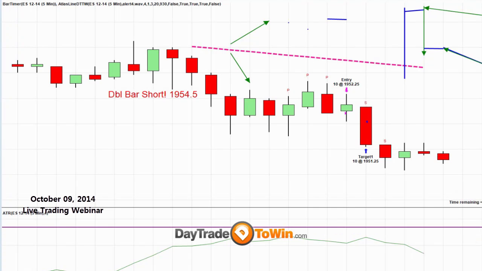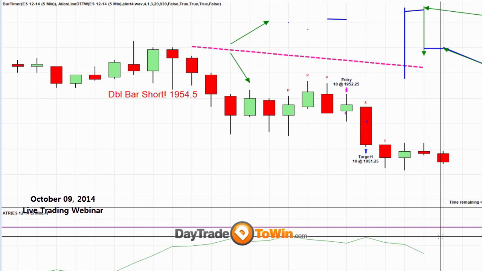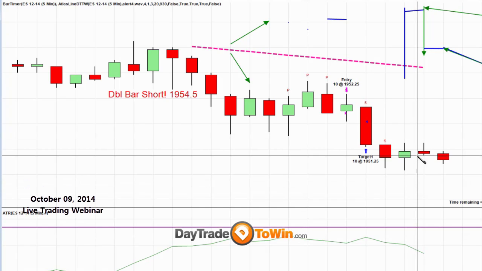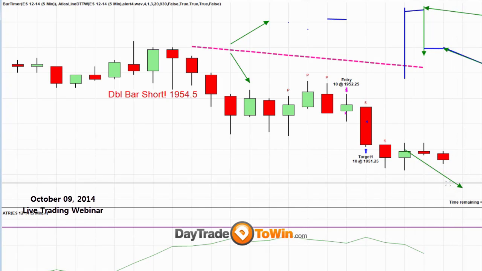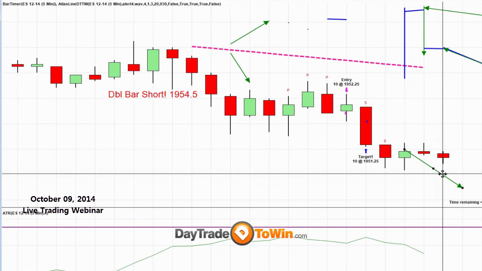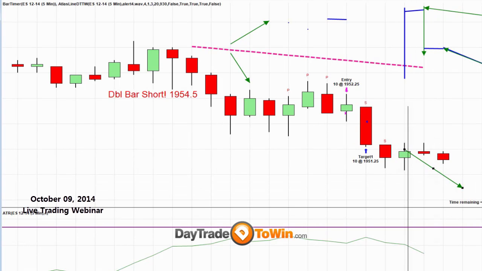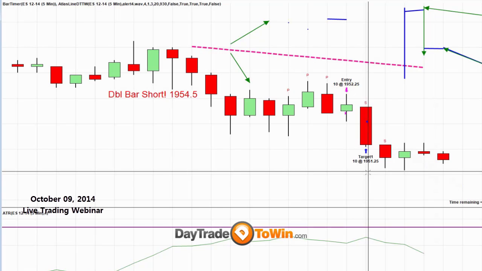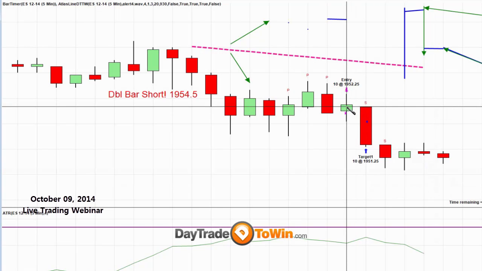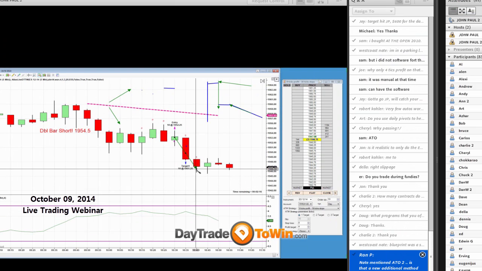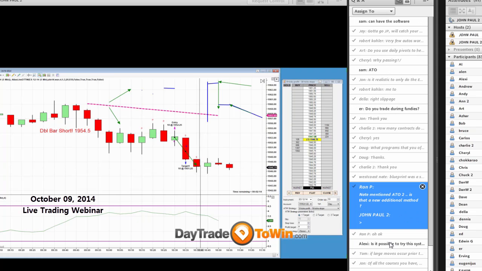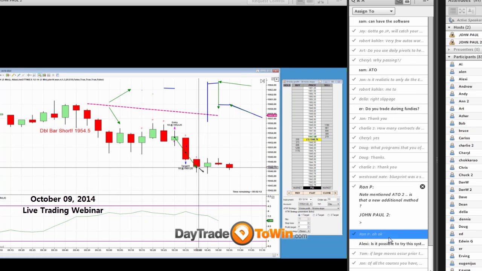The other thing is you always want to consider this is the start of this move now heading back down. So the risk, that's for Charlie who asked that question, is less as opposed to this strength trade, which after it makes a big move down, you don't want to be the last guy going short at the end of the party. Here is the start of a move, again to the downside, and the risk is less. Makes more sense.